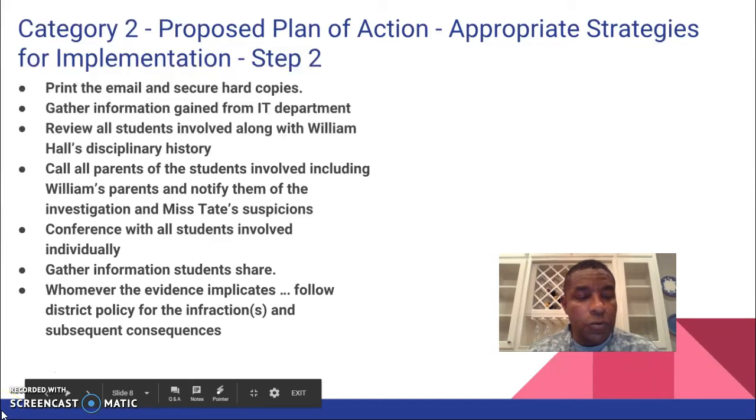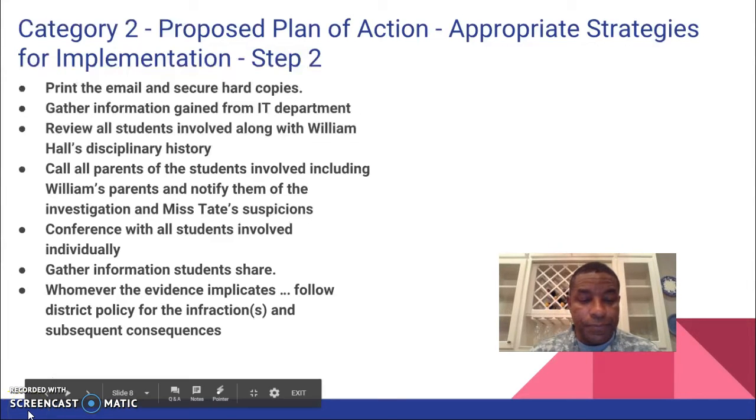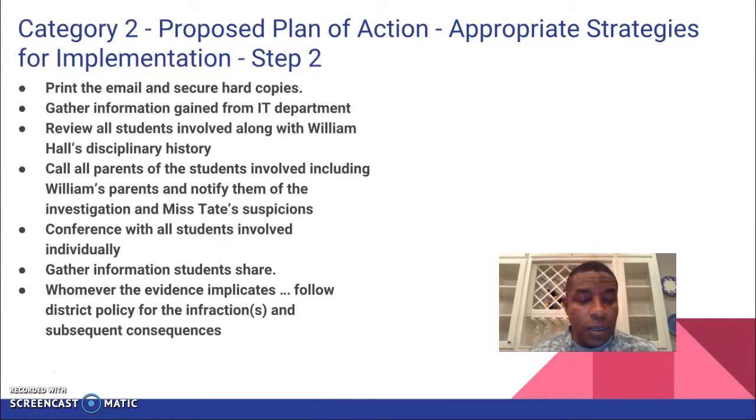Review the discipline history of all students who commented, especially William Hall. Conference with all students involved individually and gather the information they share. Address all those who may have evidence that points to them being involved. Follow district policy on the infractions and subsequent consequences.